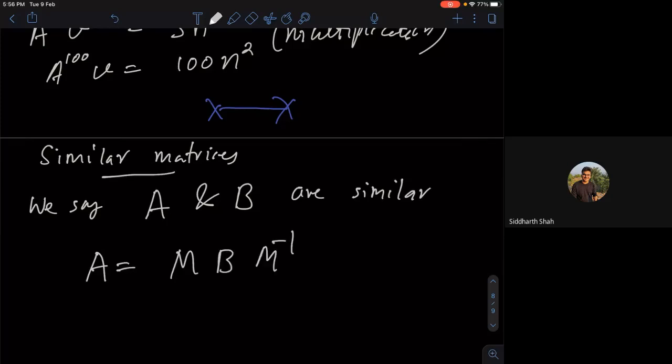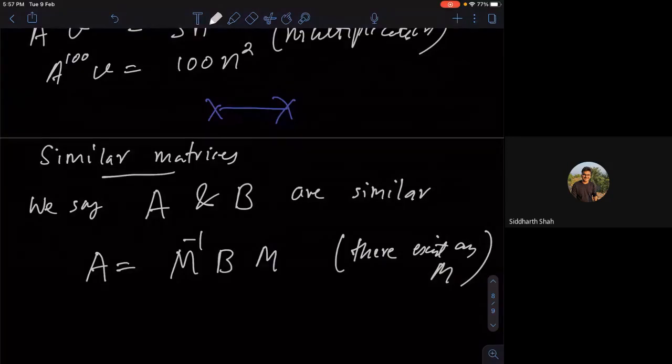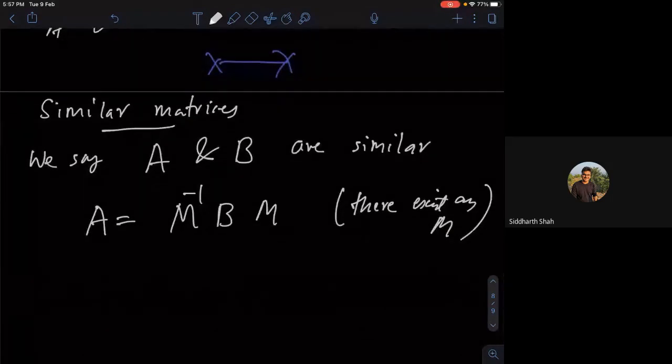Usually it's written the other way, so let me write it the other way: M inverse B M. So there exists an M like this. If there exists an M like this, then I say that A and B are similar. You'll soon see why this is a good notion.